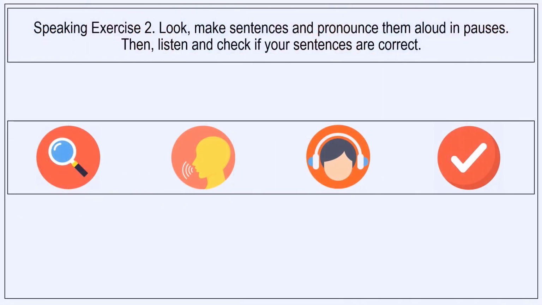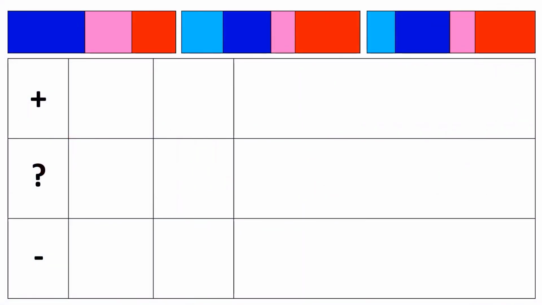Speaking exercise 2. Look, make sentences and pronounce them aloud in pauses. Then, listen and check if your sentences are correct. Ice cream is eaten by me.